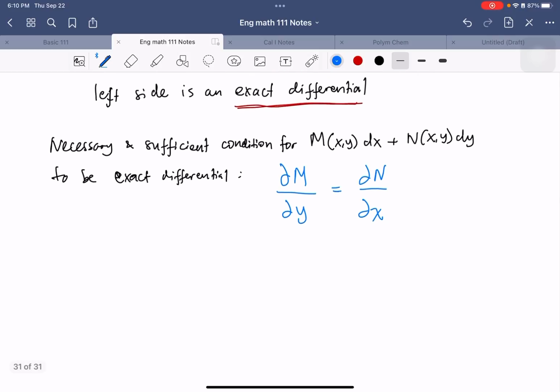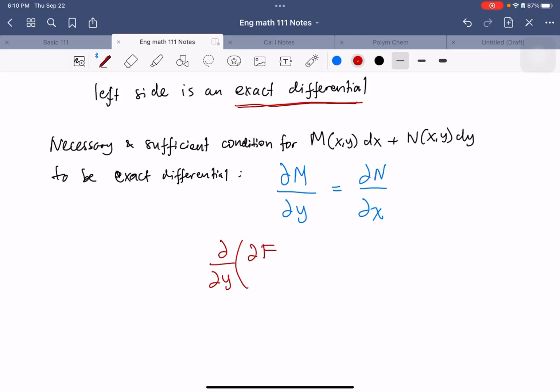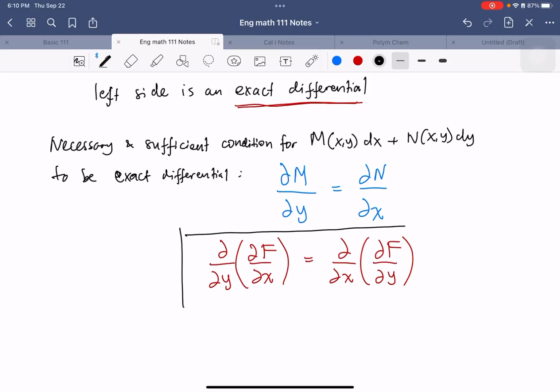Or if we want to make clear what is M, so M, or maybe using a different color. Okay, now when we have this, we say it's exact, okay? Exact differential.